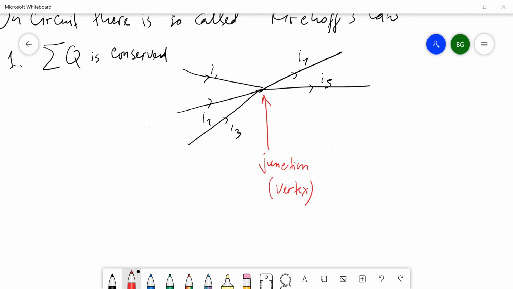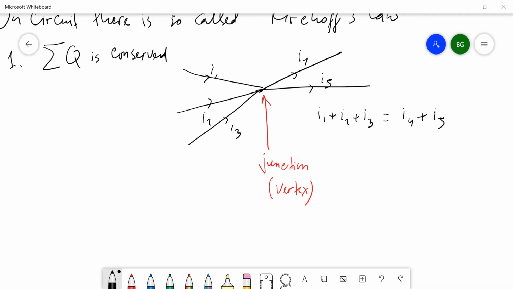So the current before passing through the junction is equal to the summation of the total current after passing through this junction.